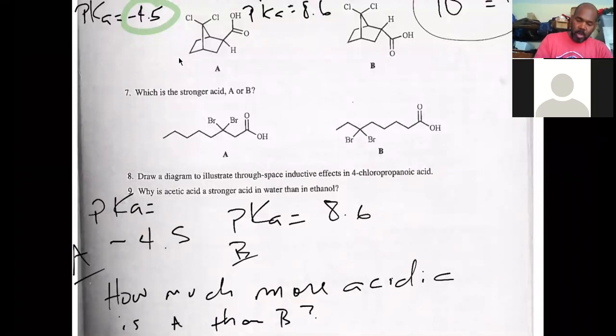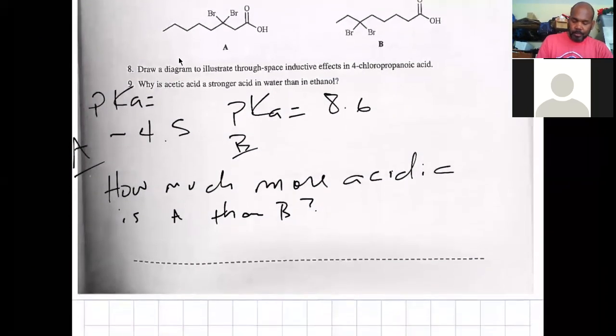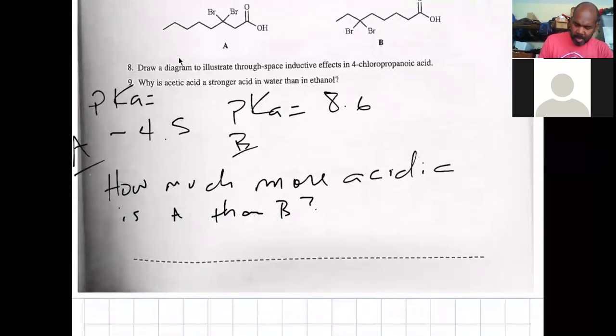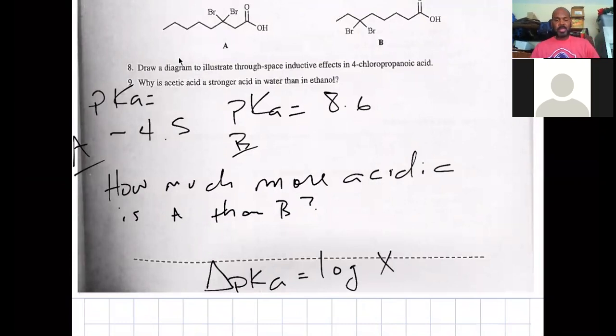All right. So there's a way to do that. If we take the difference in the pKa, right, and we set it equal to the log of x. X is going to be the number of times more acidic or less acidic or whatever, right?